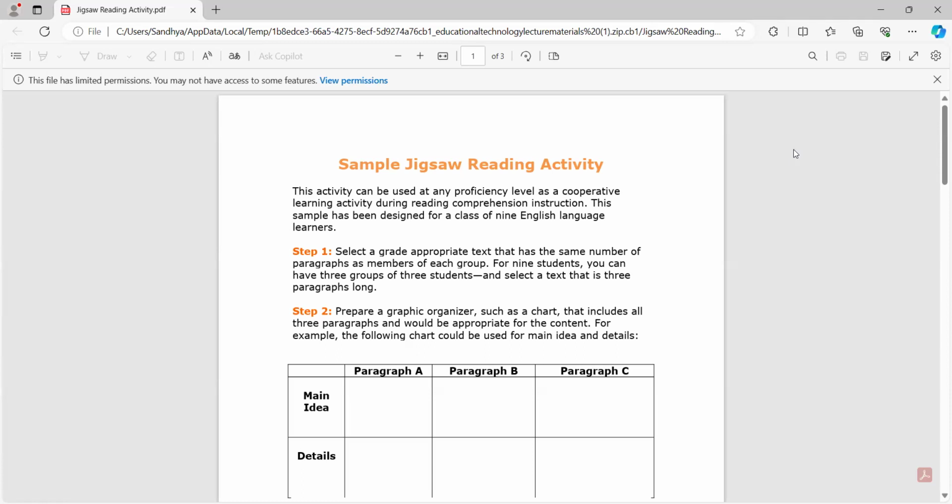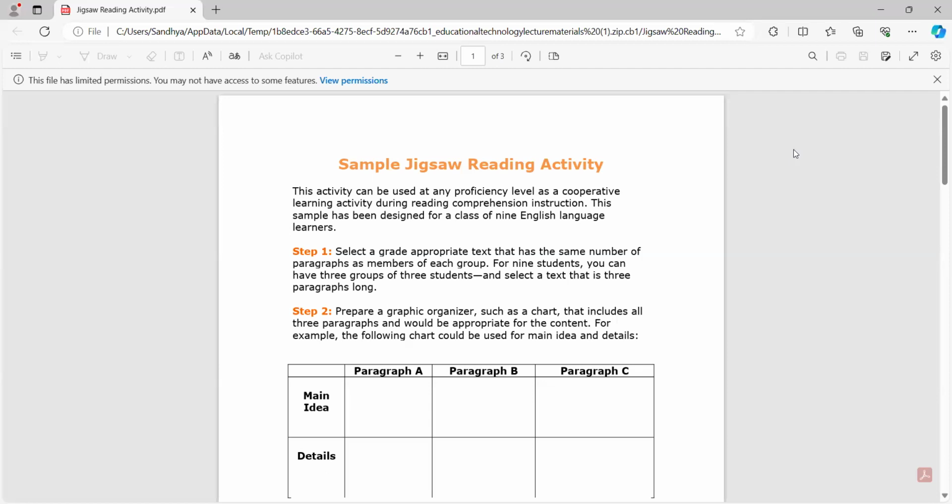Is it only promoting cooperative learning? It actually develops their communicative abilities as well. Am I right? Because they have to talk to each other. So their communication also develops. Am I right? Yes. Then it is highly student-centered.